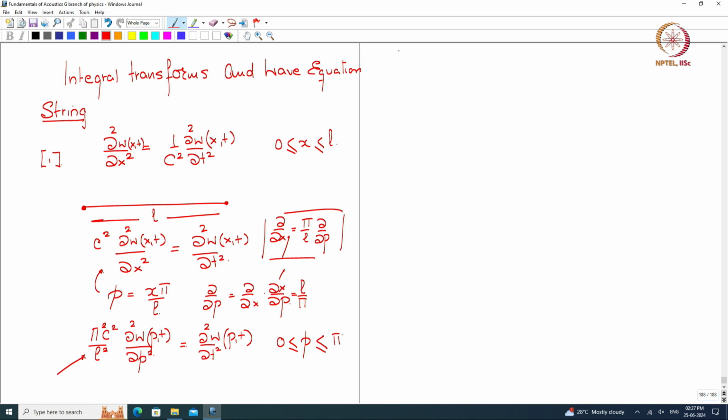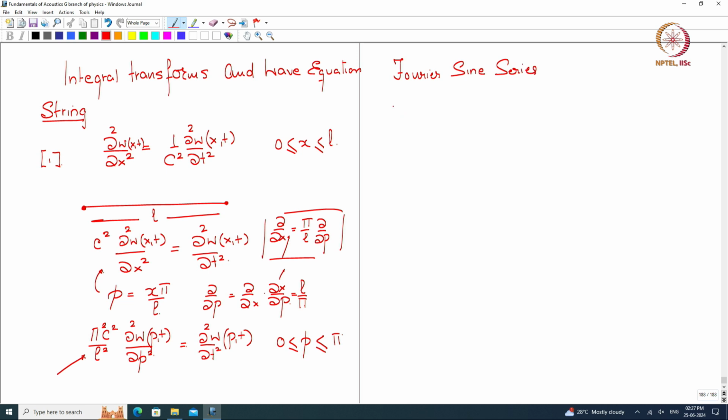So now what we use is Fourier series, Fourier sine series. And why do we use a Fourier sine series?